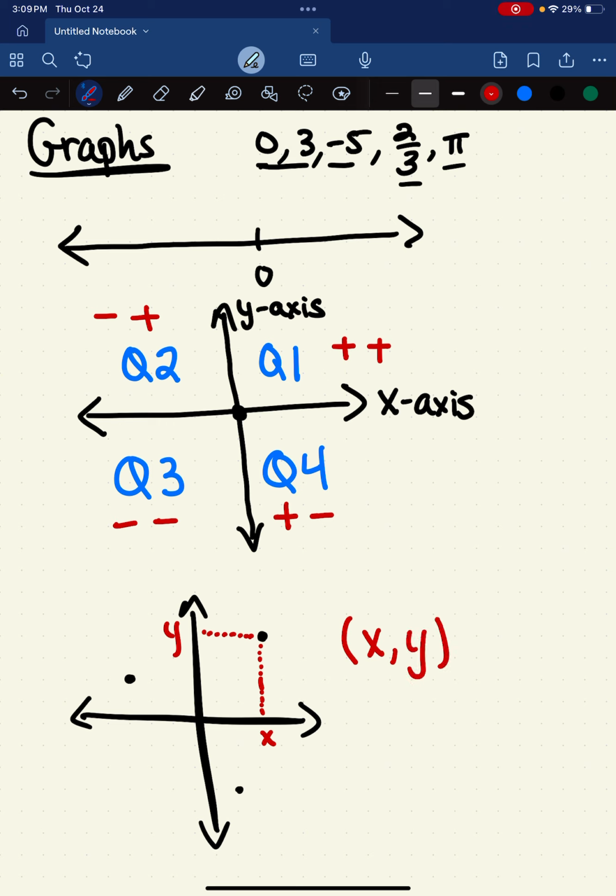But the way we write that is x, comma, y. So for example, let's say that that point is at 2 on the x-axis and 3 on the y-axis. We would write that point as 2, 3. And every point in this space has a unique ordered pair, and every ordered pair has a unique point in this space. So let's do some plotting.